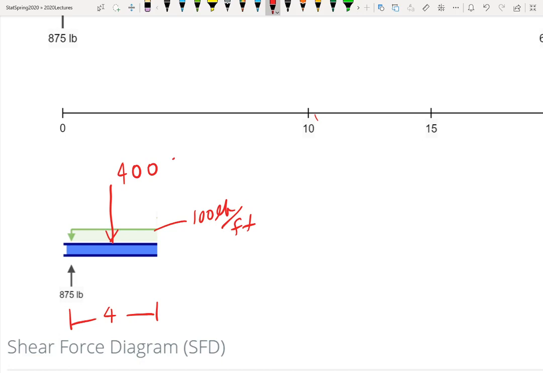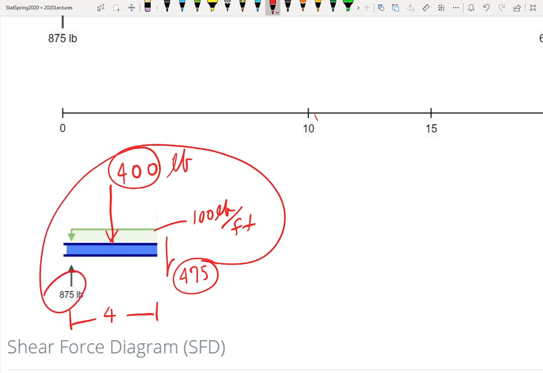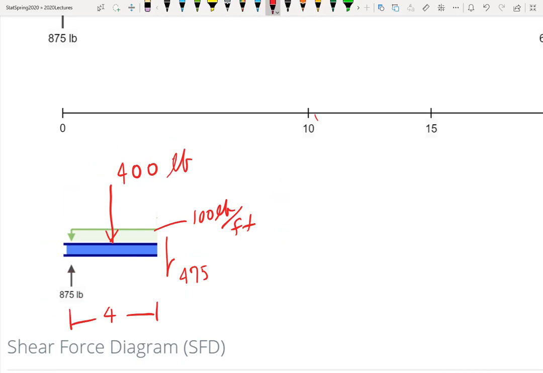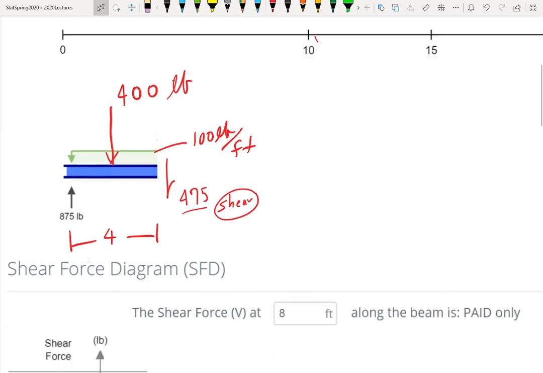If this is 400 pounds, then I have to have a downward force of 475, because I add this to that and I would get 875. So the shear would be 475 there.